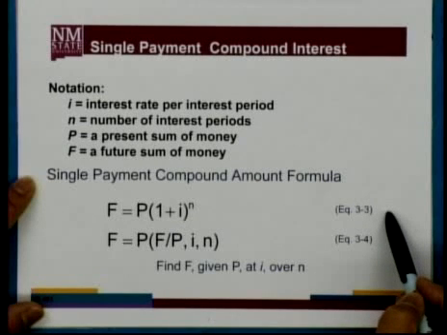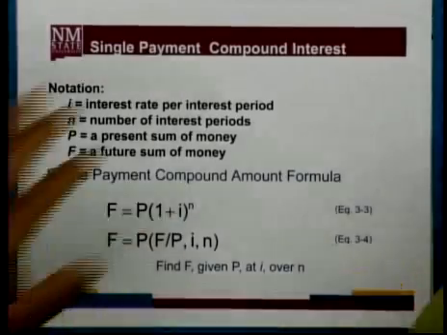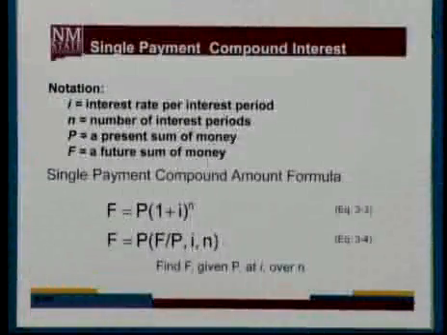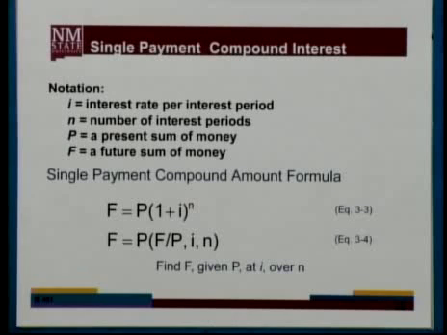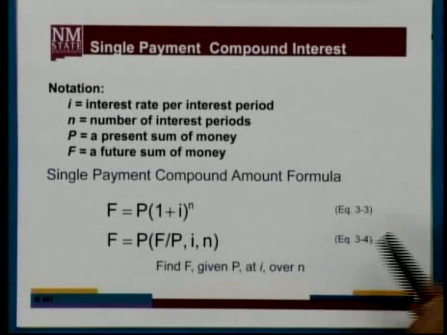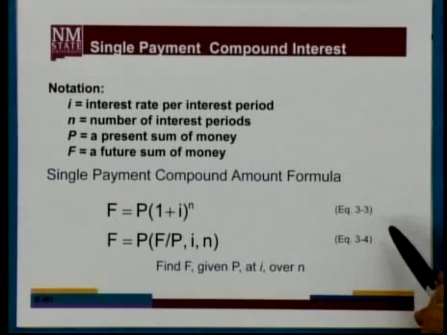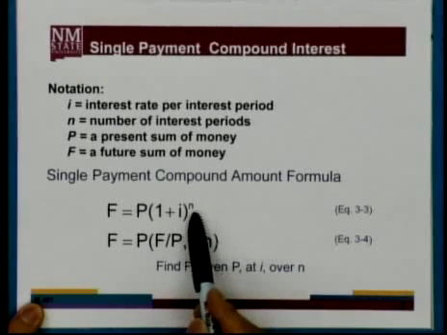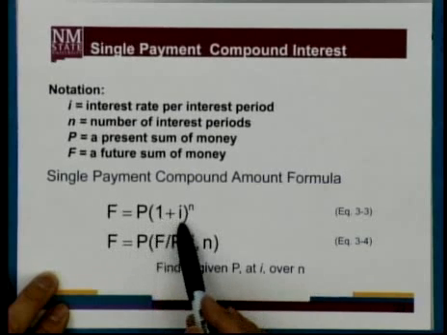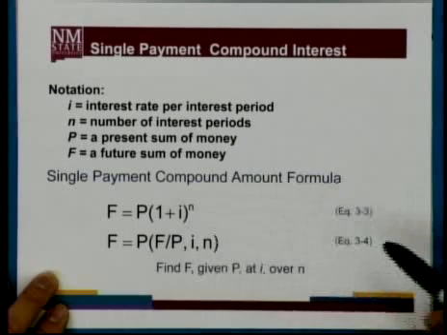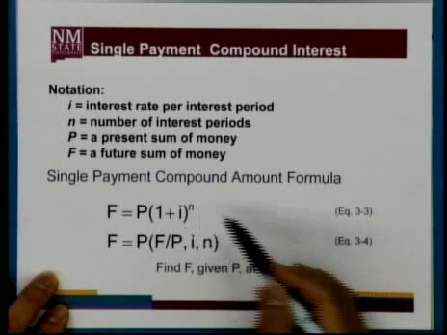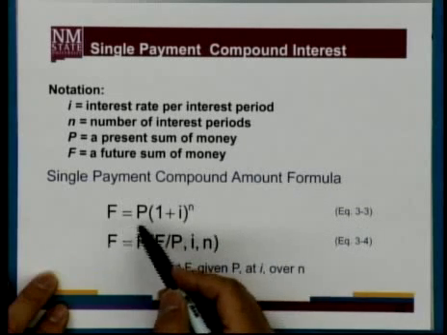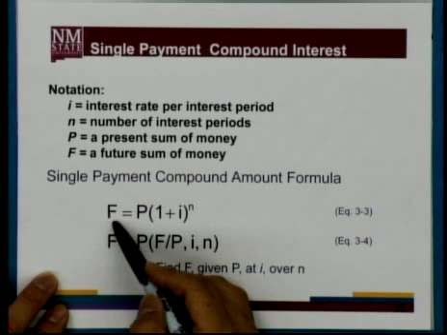If you read the text, page number 85 shows how to derive this formula. According to formula 3-3, a present sum P increases in n periods to P times (1 plus i) to the power n. This represents a relationship between a present sum P and its equivalent future sum F.